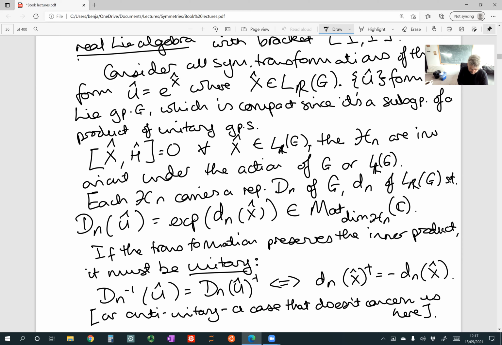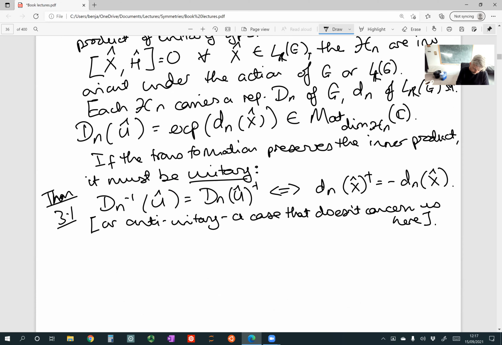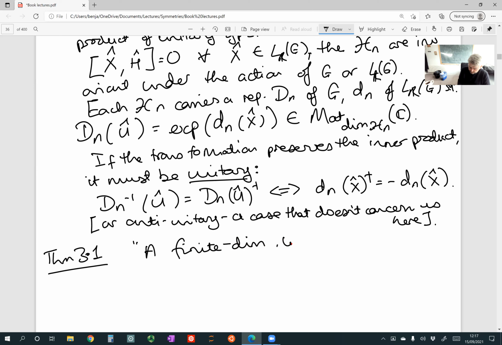All right, so this is Wigner's theorem, theorem 3.1, and you'll be proving it, and the exercise in the book takes you through how to prove that. Theorem 3.1 that I wanted to mention is that a finite dimensional unitary representation is totally reducible.